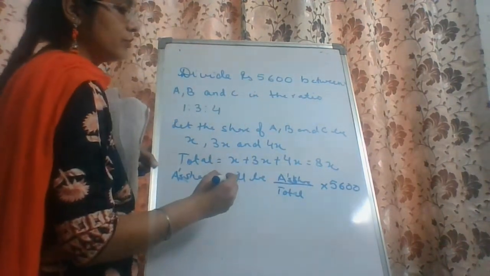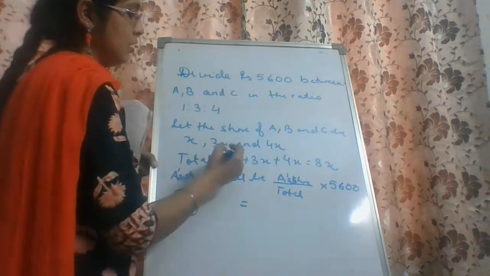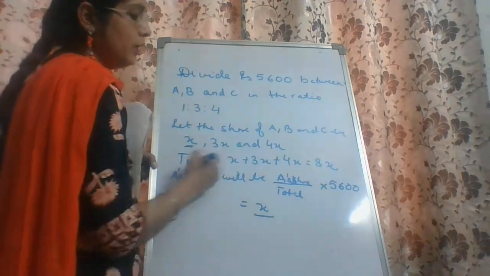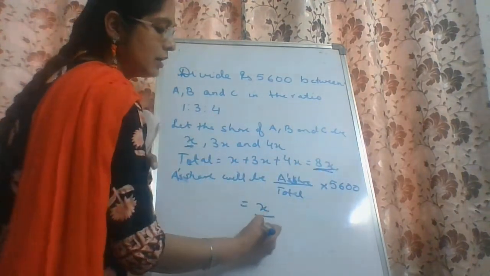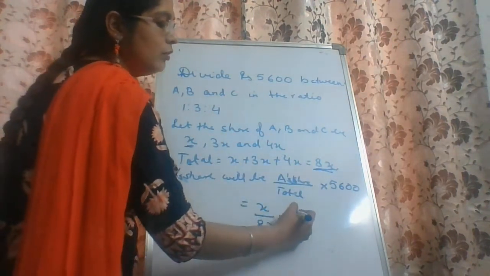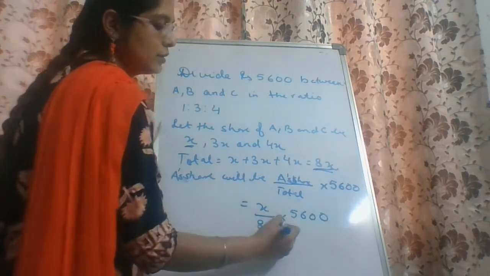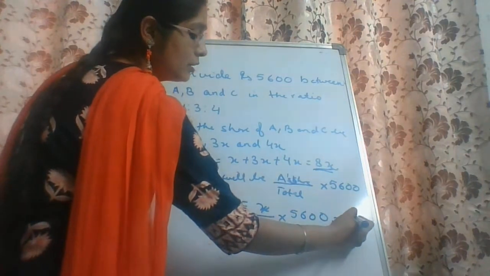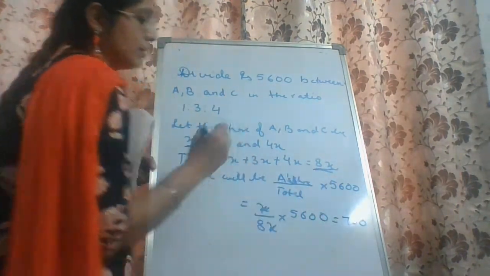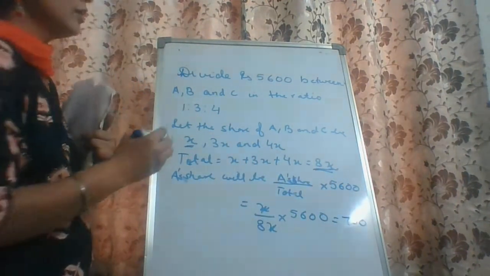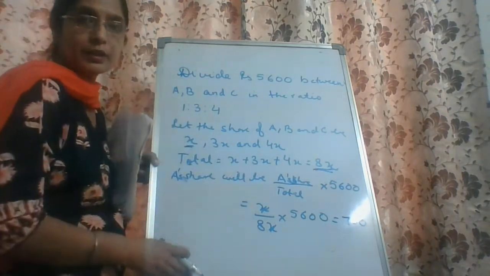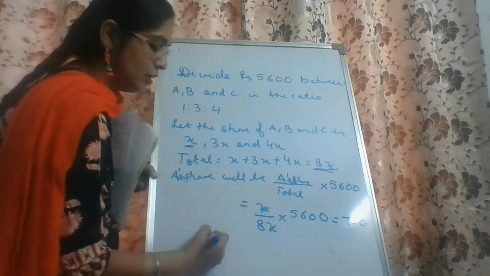So this is equal to x upon the total, here 8x, multiplied to 5600. If you simplify it, this is equal to 700. Similarly, B's share will be 3x upon 8x multiplied to 5600.